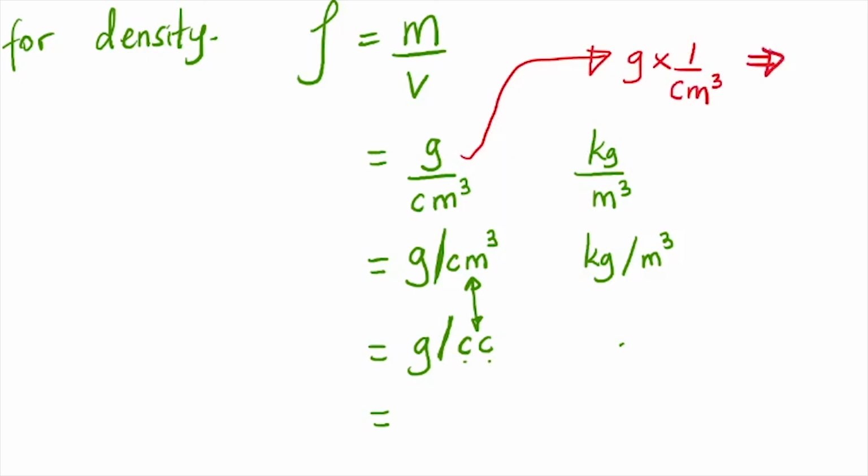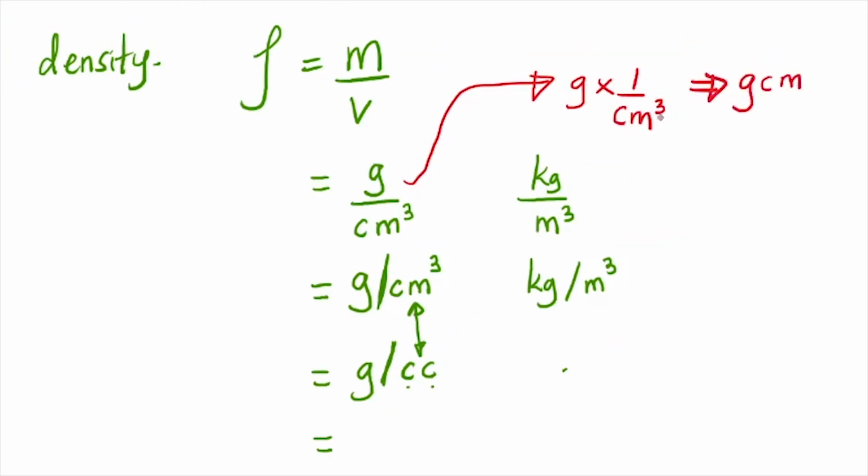This is the same as saying grams, then centimeters to the power negative 3. That's why sometimes this can be written as grams centimeters to the power negative 3. That negative 3 is accounting for that slash.